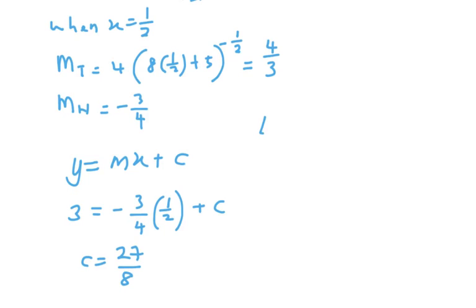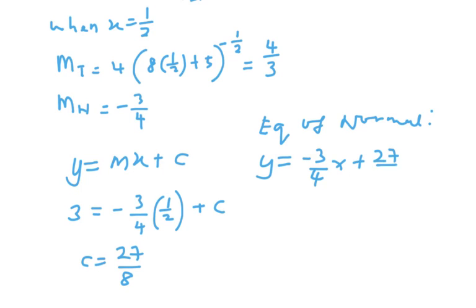So your equation of normal is y equals to negative 3 over 4 x plus 27 over 8. But again, this is not your final answer.